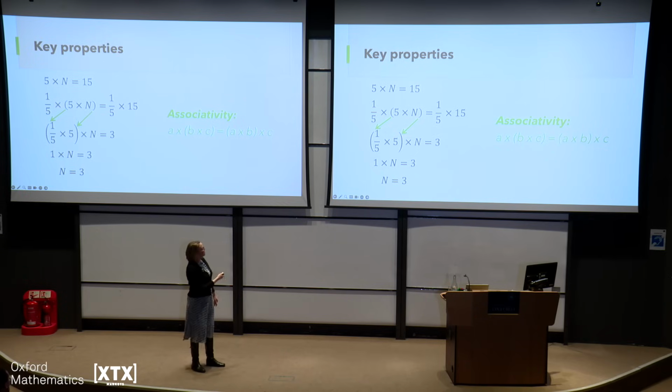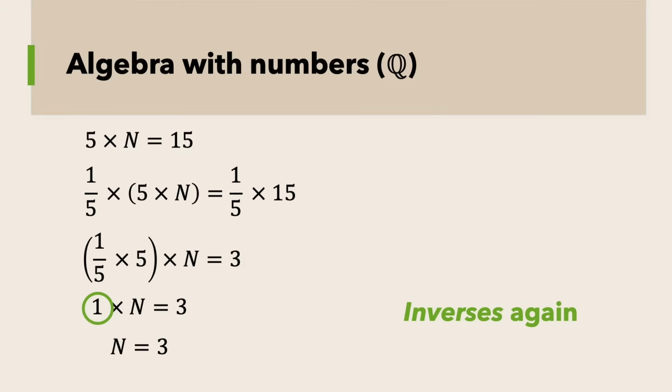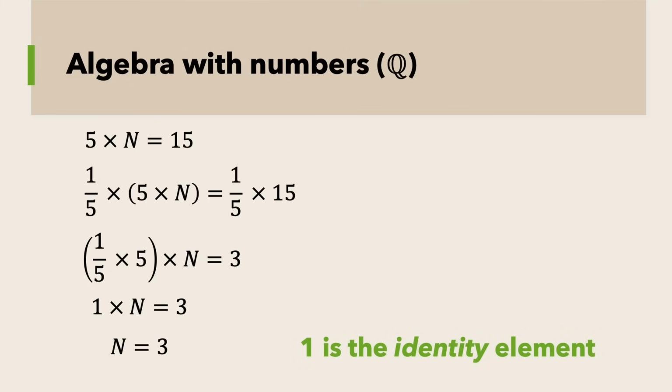That's called associativity, and that allows me to pair 5 with its inverse. Inverses again, the whole reason I chose 1/5 was because it was going to pair with 5 to get this special number that has this property. It's called the identity element.